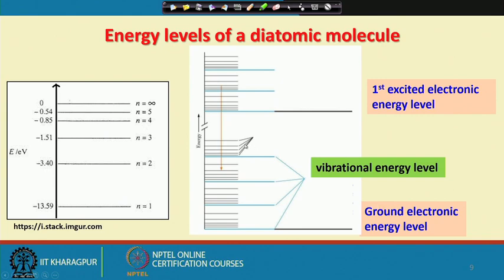Okay. Now, if I look at what happens with each vibrational energy level, as you see very clearly, corresponding to each vibrational energy level, there are other energy levels associated which have a much lower difference in energy, and these are nothing but the rotational energy levels.